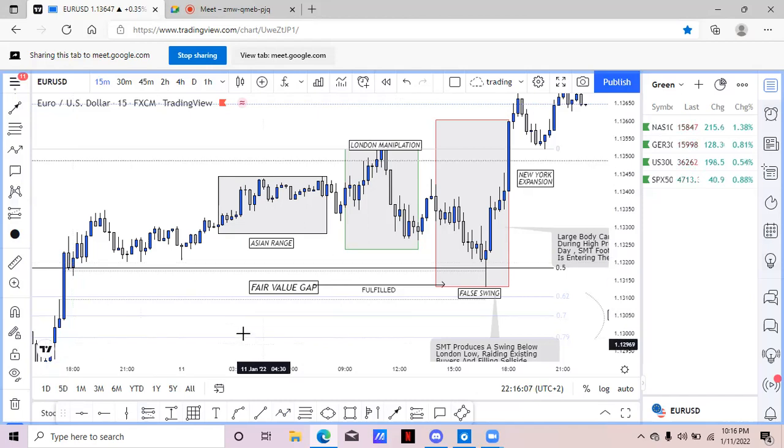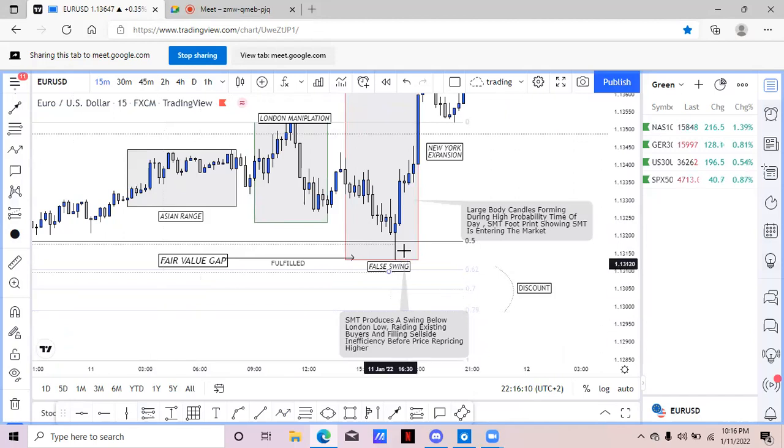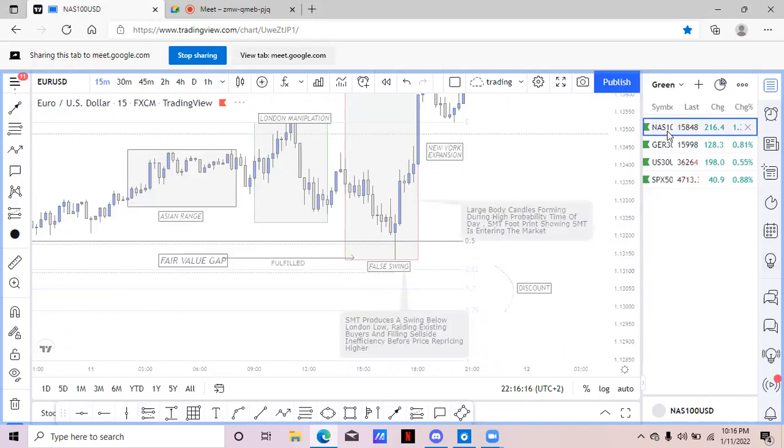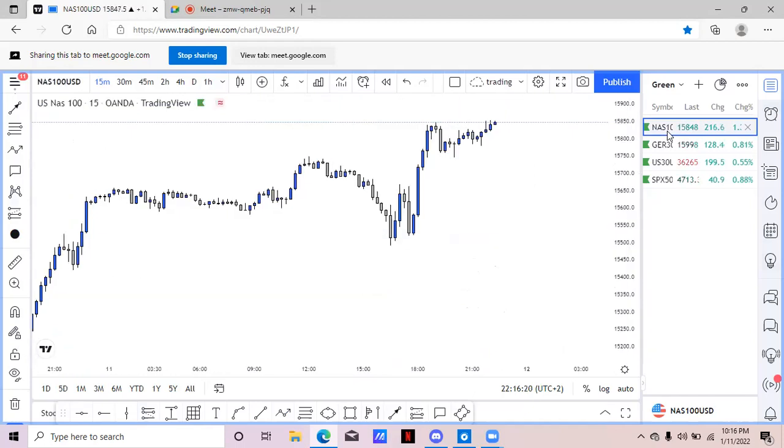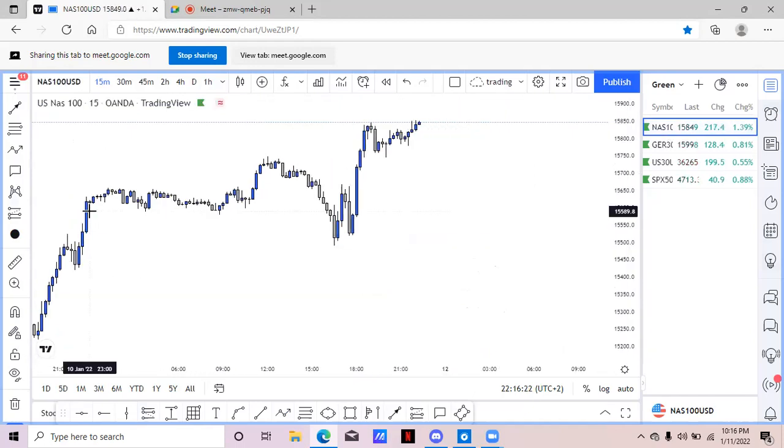So here we change by fair value gap for swing, this swing here also, but I wanted to show you this. I did send the setup, but then we missed.